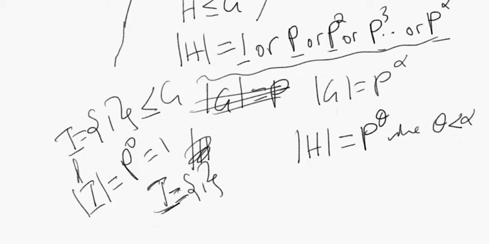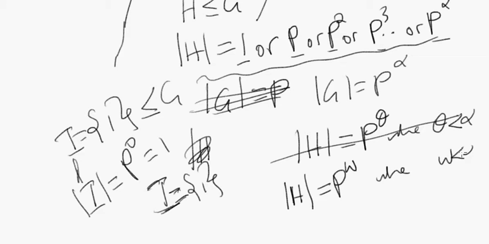Is there any way we can restrict this statement a bit? Is it then true that if the order of G equals p to the alpha, we can say that the order of H equals p to the theta, or let's say p to the omega, where omega is less than alpha and greater than or equal to 1?